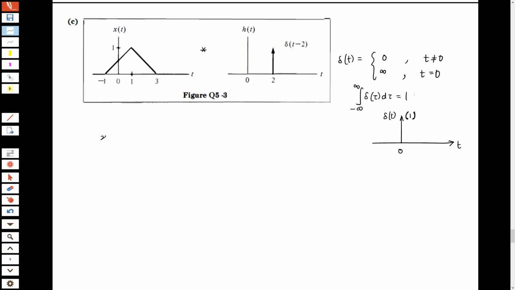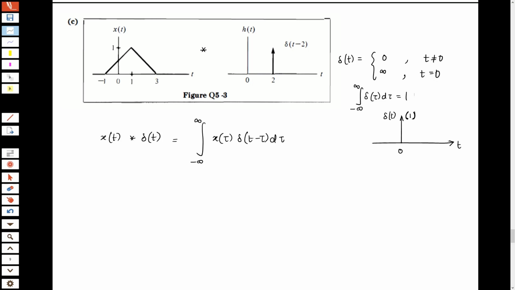Now, if I ask you to find convolution between some x(t) and delta(t), what would you do? You would say this is same as writing integral of x(tau) delta(t minus tau) d tau.